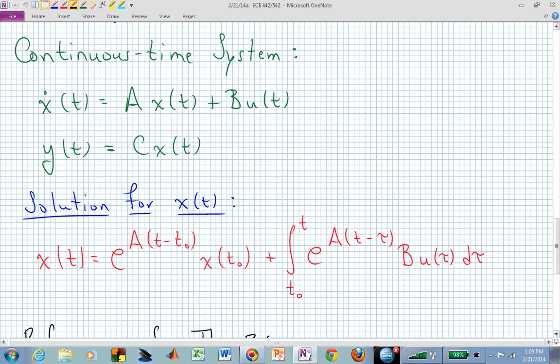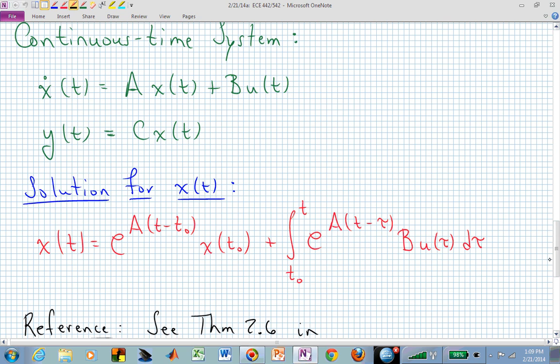And then we have to also add in the influence of the input u of t that is a convolution with that particular system's response characteristics, which again is determined by that matrix exponential e to the A, let's say, gamma or sigma. And in the convolution, we have this flip and slide notion.